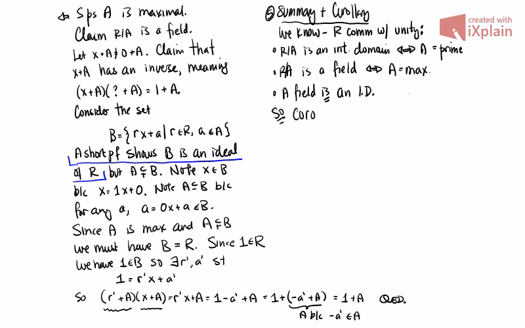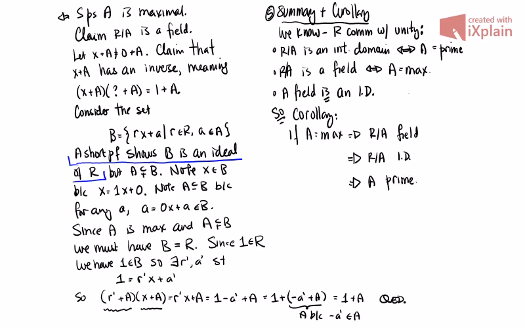So this gives us the following corollary, with the proof built in. If A is maximal, this implies that R mod A is a field, which implies that R mod A is an integral domain, and this implies that A is prime.